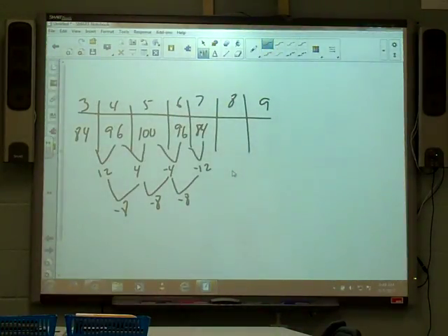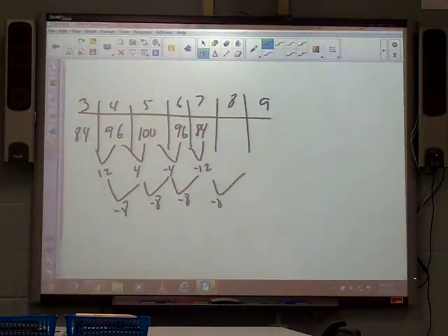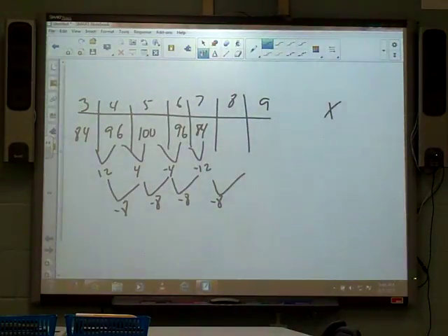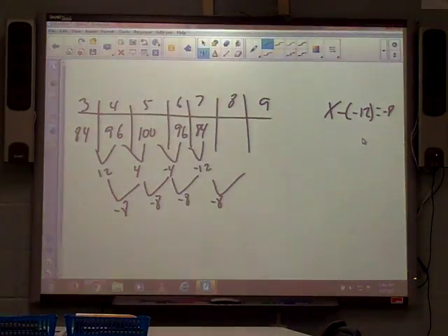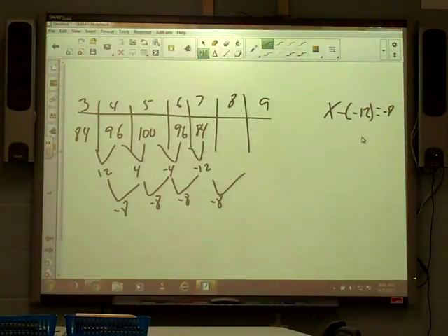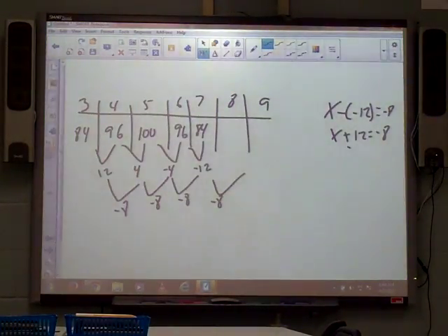I'm looking for something here that's going to give me a negative 8, right? So what minus negative 12 gives me a negative 8? There you go, Chloe.